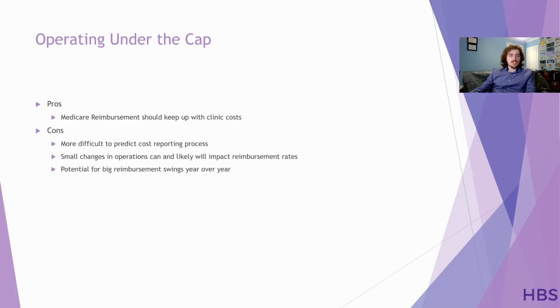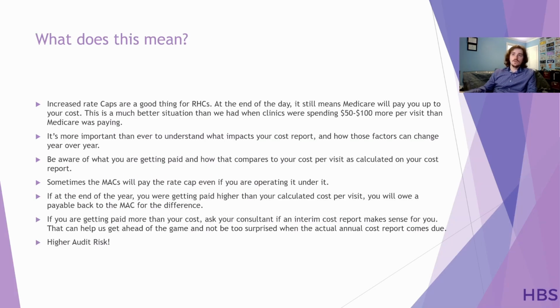If you're experiencing something like this, it doesn't have to become a big, huge surprise and a difficult situation when we are under the gun and trying to get a cost report submitted in late May. So it's very important to keep an eye out on your costs and on your visits in order to avoid a bad situation like that.